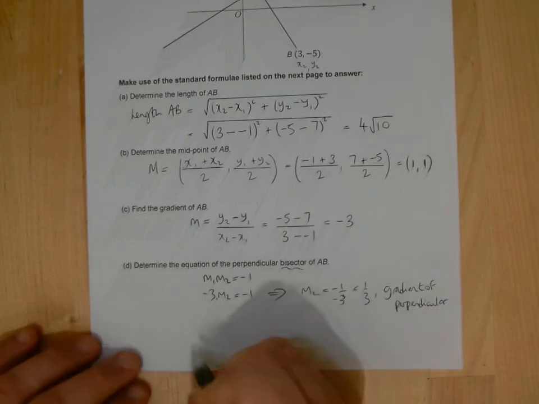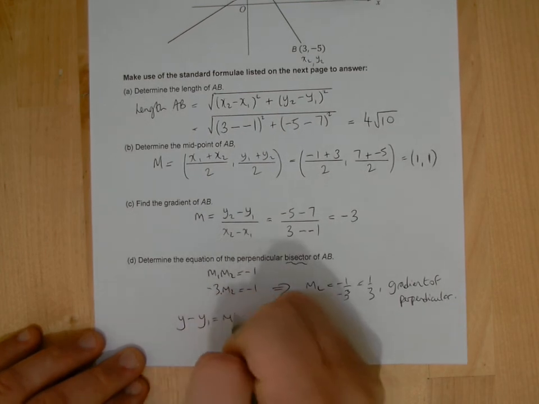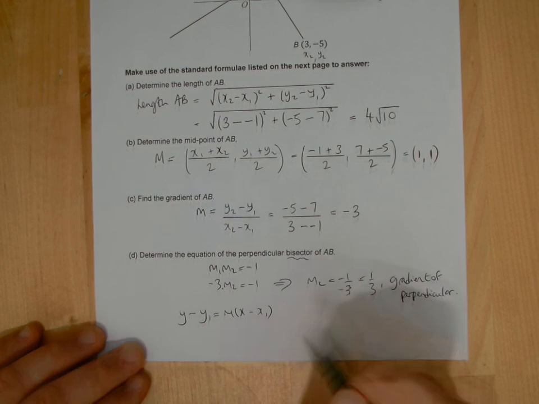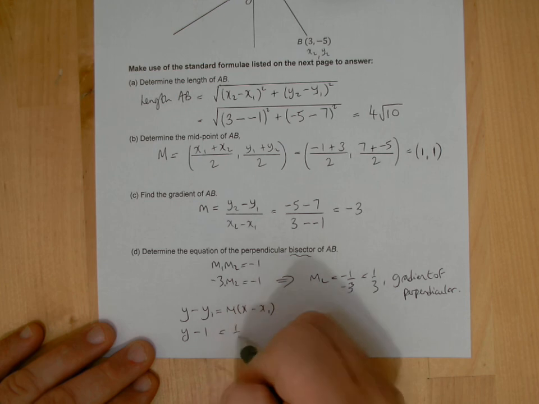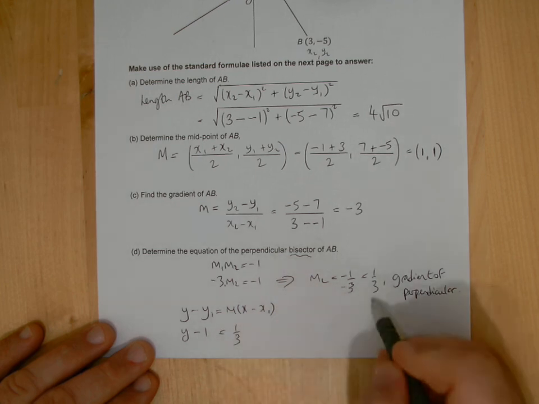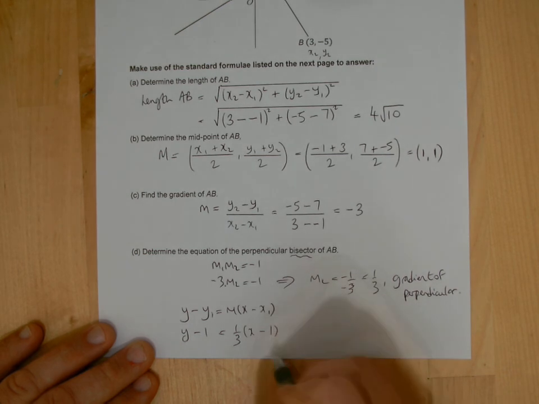So the equation then, y minus y1 is m(x minus x1). So we put the point in. So the point will be 1. The gradient is a third. Minus and the minus, remember, becomes a plus. And the x1 is 1.